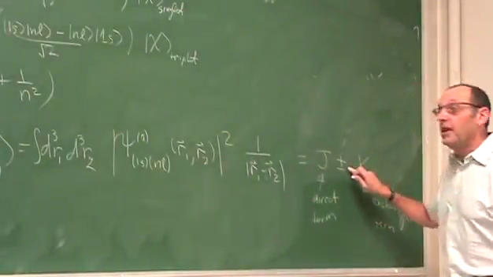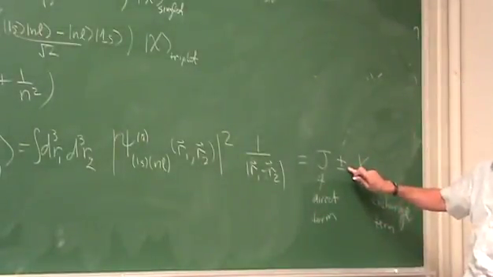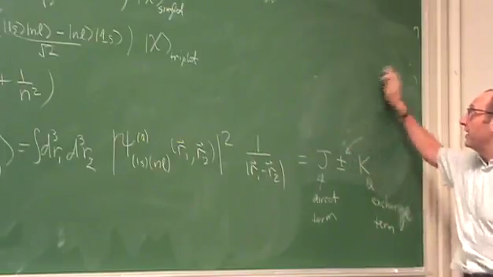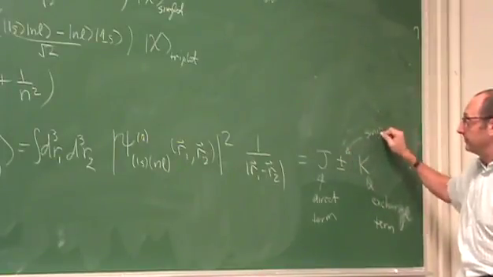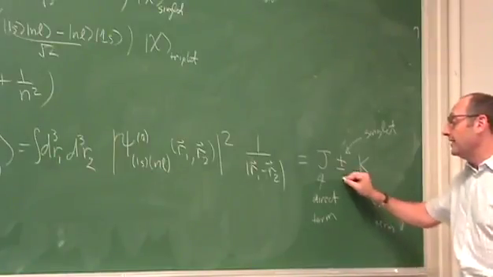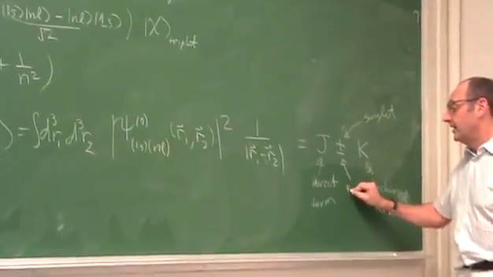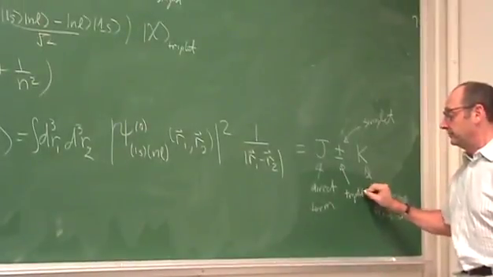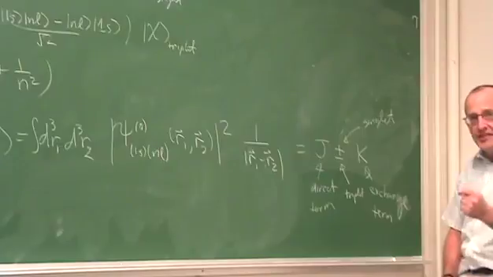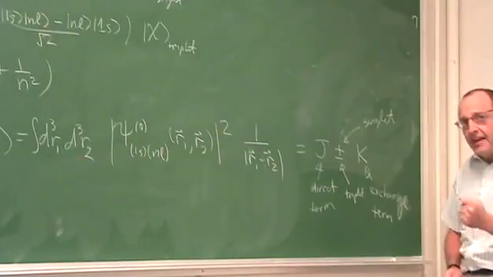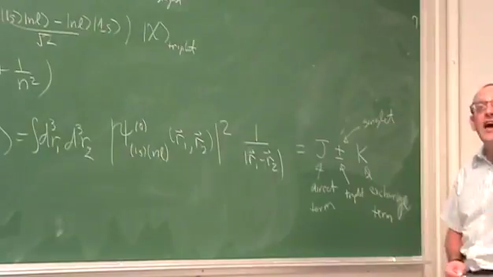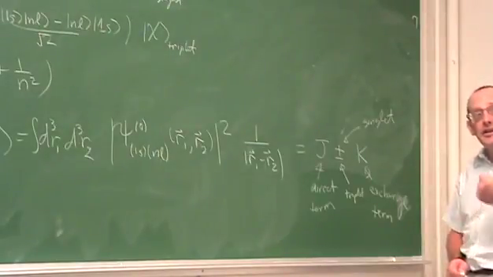So of course, the plus sign, as we said, is associated with the singlet. And the minus sign is associated with the triplet. Why is that? Why does it physically make sense that the singlet should have higher energy than the triplet?